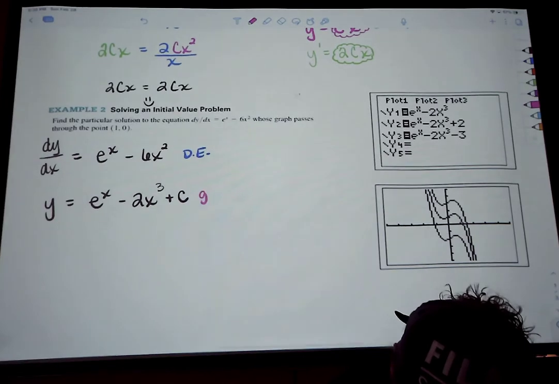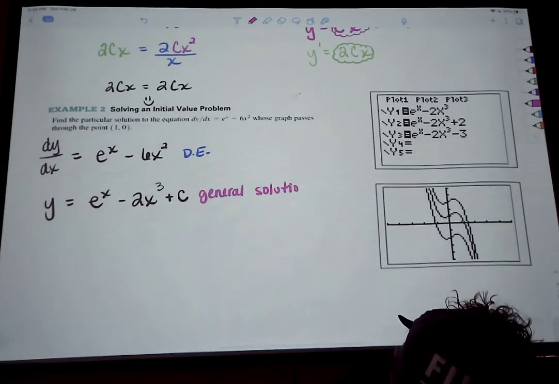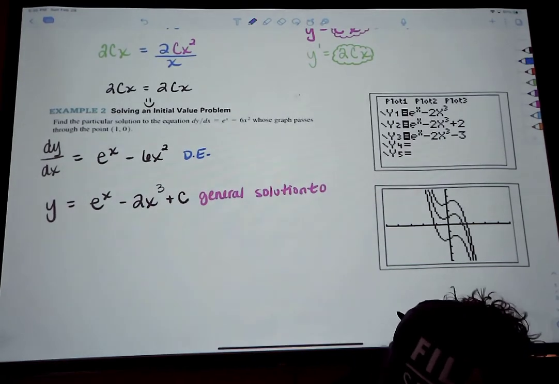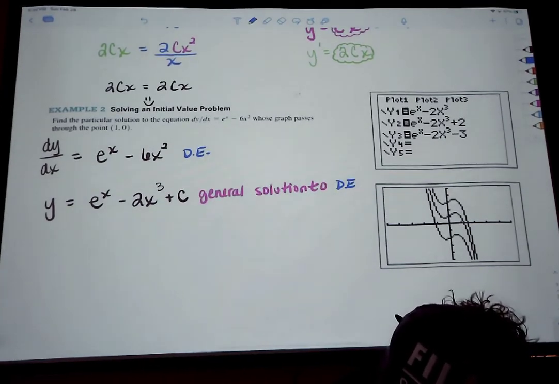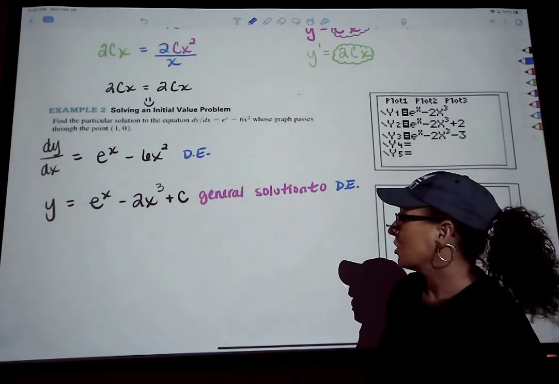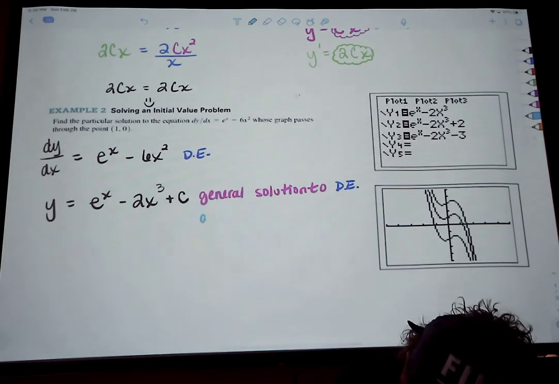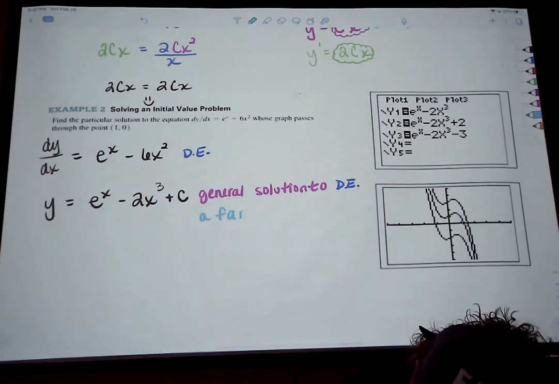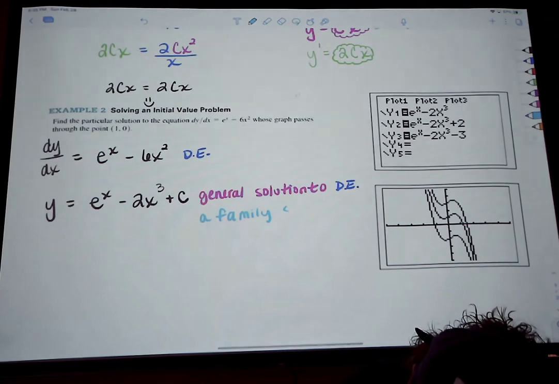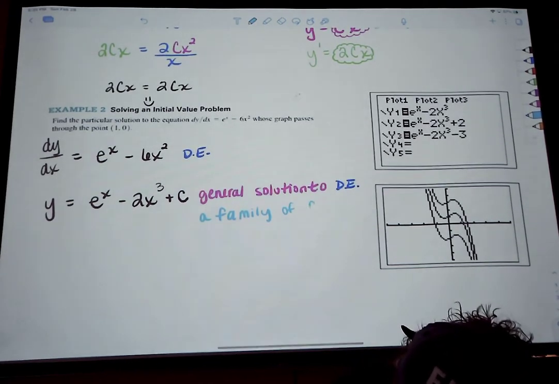This is a general solution to my differential equation. It's also, because it has a plus c, it's also called a family of functions. I know, it sounds funny, but it really is. A family of functions.